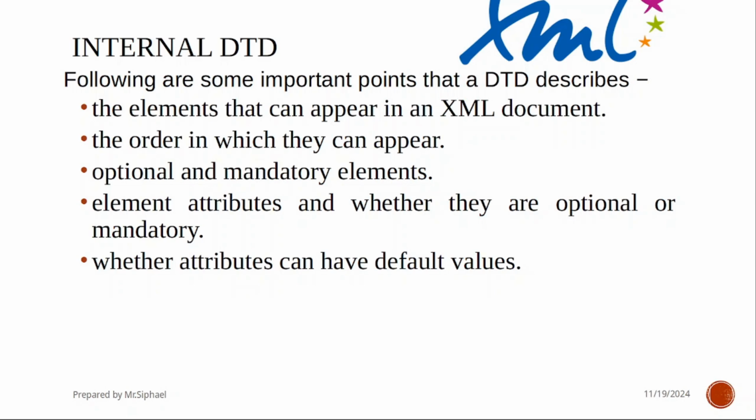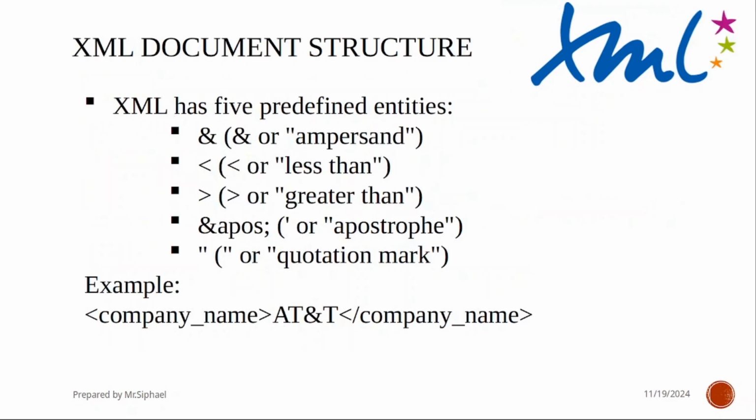The elements that can appear in an XML document, you declare them there. Whether it's an optional or mandatory element, you can declare it there. The element's attributes and whether they are optional or mandatory, you declare there as well. Whether they can have default values in case no value has been given, you can declare it in the DTD.